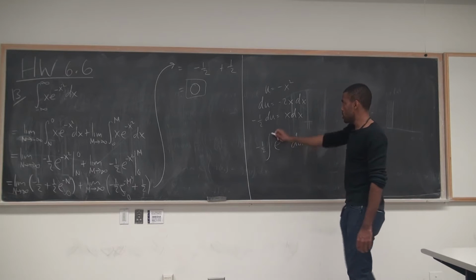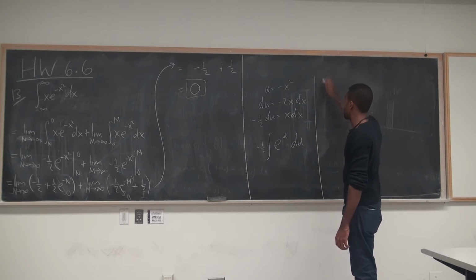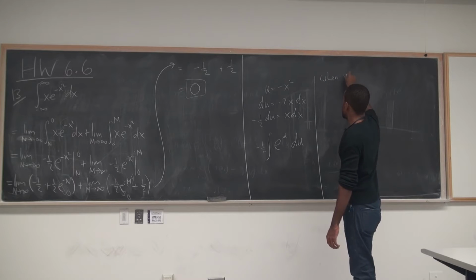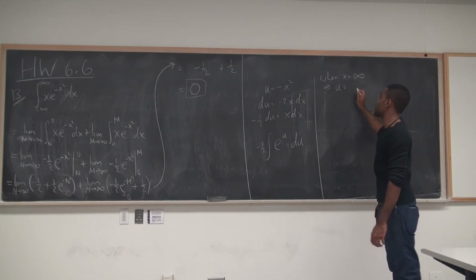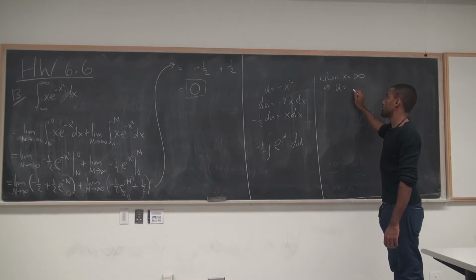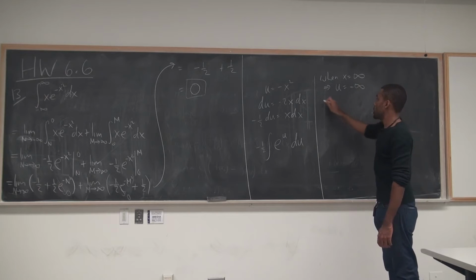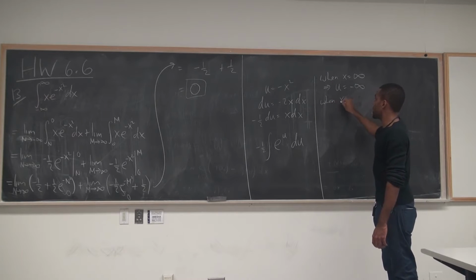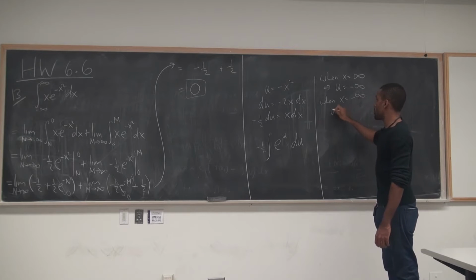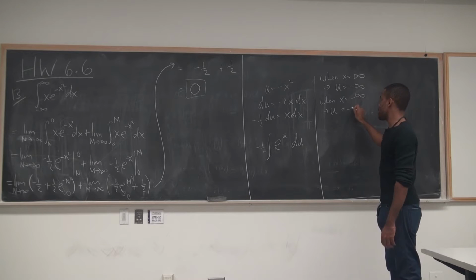And then what you do is you change the limits. When x equals infinity, this means that your u would be what? Minus infinity. And when x equals minus infinity, your u would be what? Again, negative infinity.